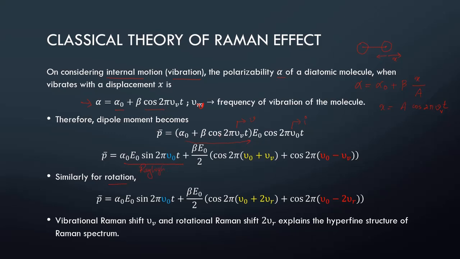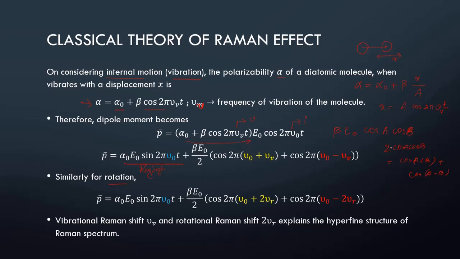Again, we have a term that consists of beta E0 cosine of something into cosine of something. How will we solve this? We know that 2 cos A cos B is equal to cos (A plus B) plus cos (A minus B).